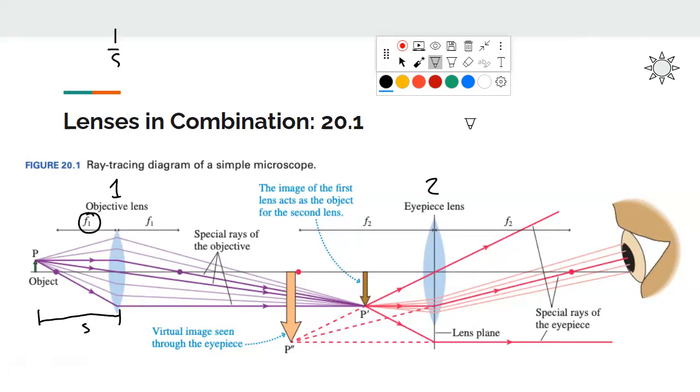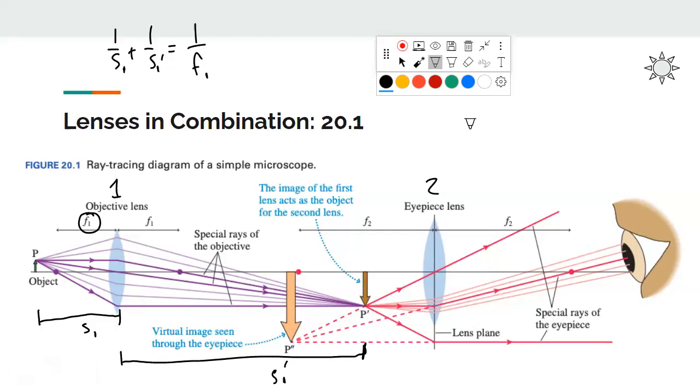And so we can say 1 over s plus 1 over s prime equals 1 over f1. Actually, I'll call this s1 just to help ourselves, and this s prime 1, just because we're going to have all of these things for the second lens as well. And we find that way out here, this is where s prime 1 is.